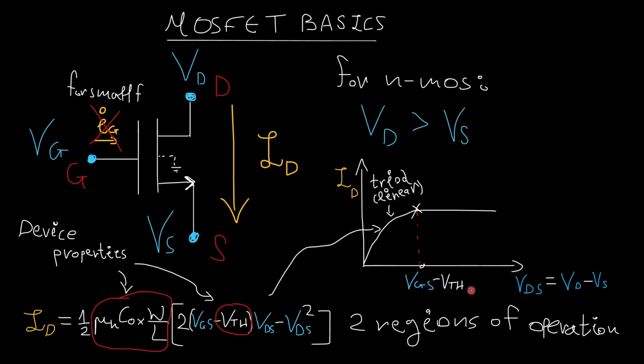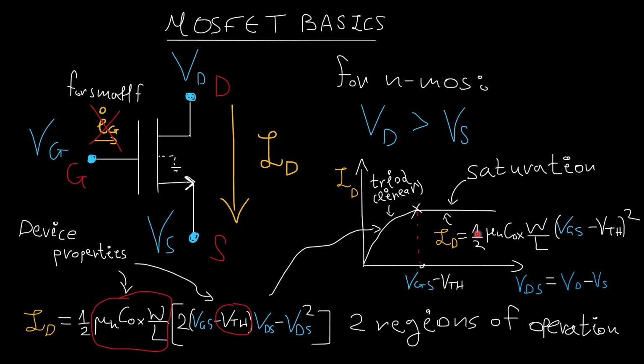This threshold voltage gives us the VDS responsible for the operation going from the triode region to this constant current region. This region is called the saturation region. The current is constant, and it's only related to VGS, not VDS.